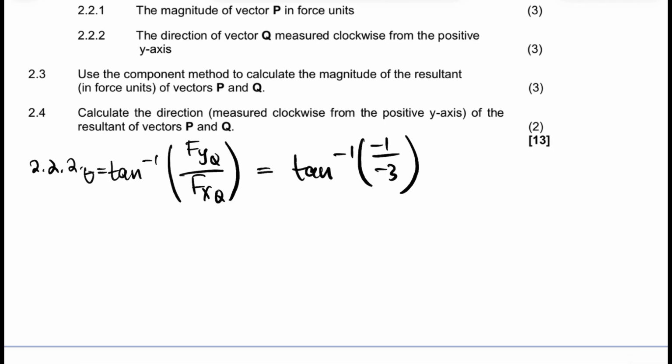So the answer there is going to be 18.43 degrees. But they don't want that, guys.